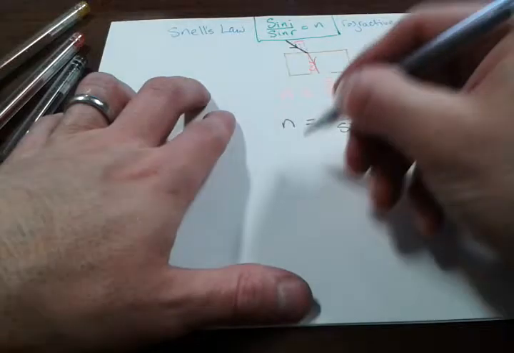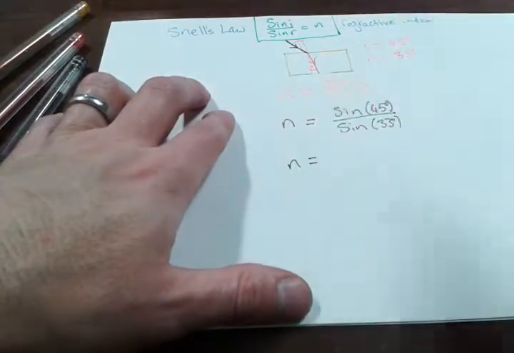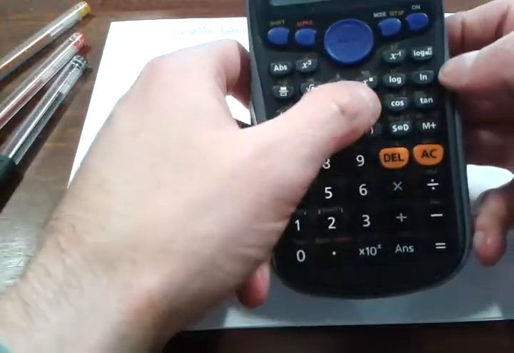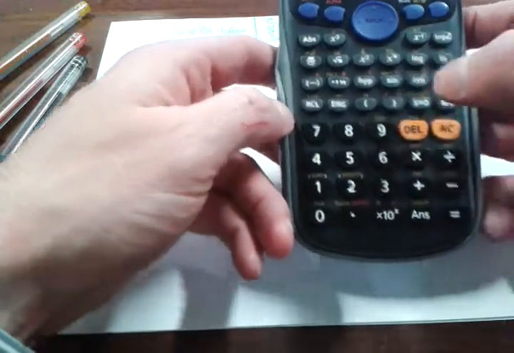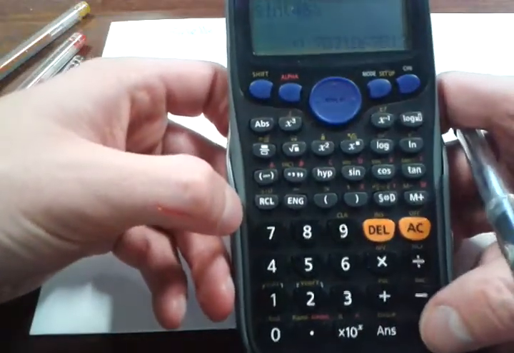Now we have to put this into a calculator. We'll do this in steps so that we can see more easily what's happening. I want the sine of 45 degrees, so I hit sine 45, close the bracket, and hit answer.